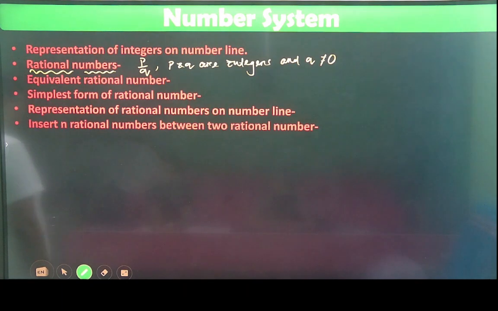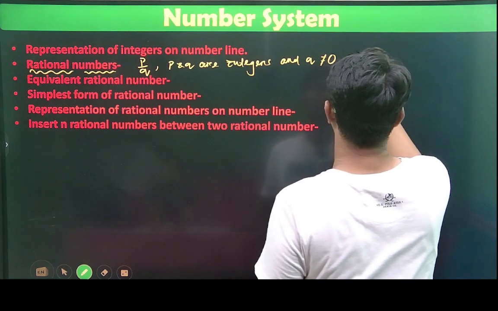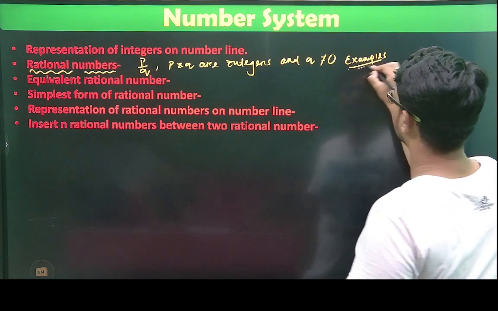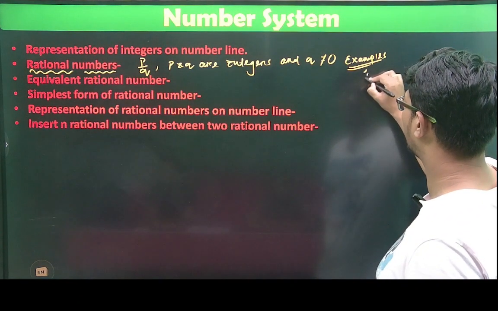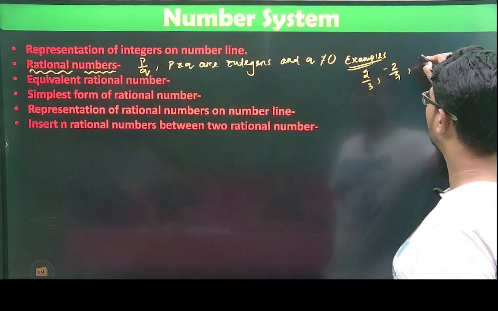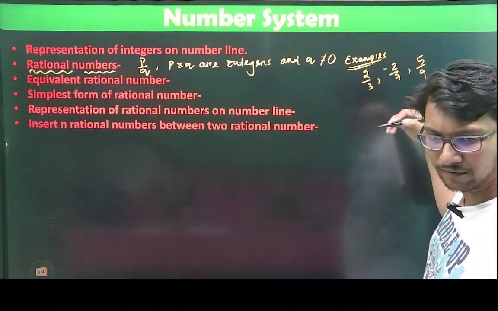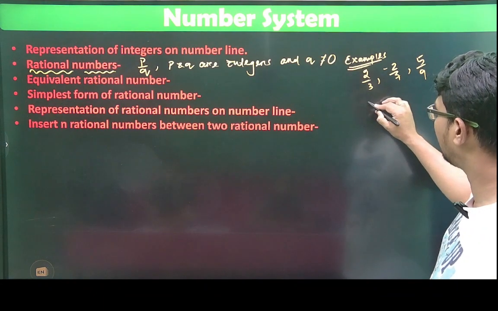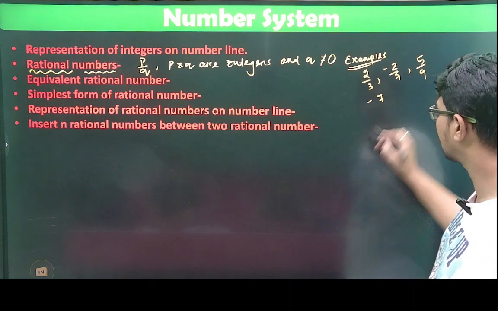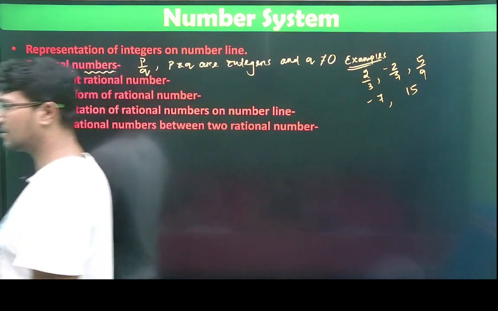Are you clear? Examples: 2 by 3, minus 2 by 7, 5 by 9, right or not? And every whole number, every integer, like if I'm writing minus 7, is this a rational number? Yes. If I'm writing now 15, is this a rational number? Yes.